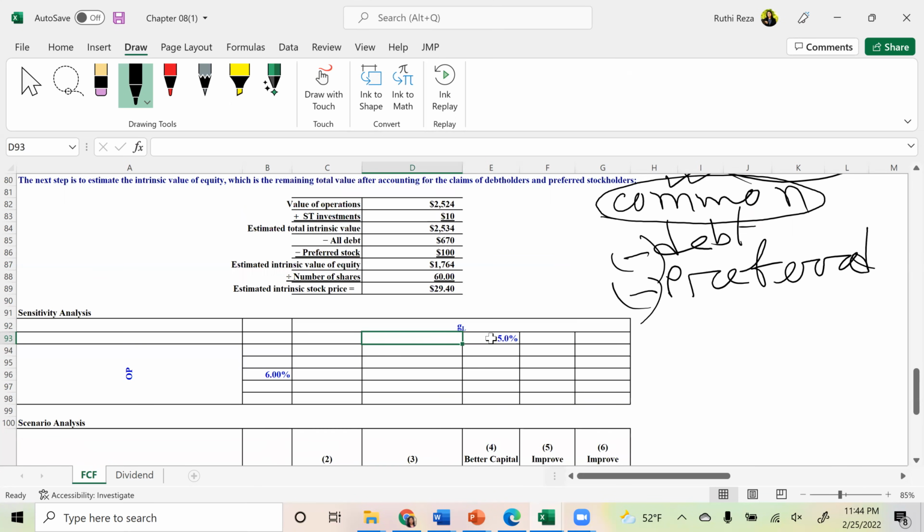Now, to the left-hand side of our base rate, we are going to reduce this rate by 1% every year. And then to the right side, we are going to increase this rate by 1%.